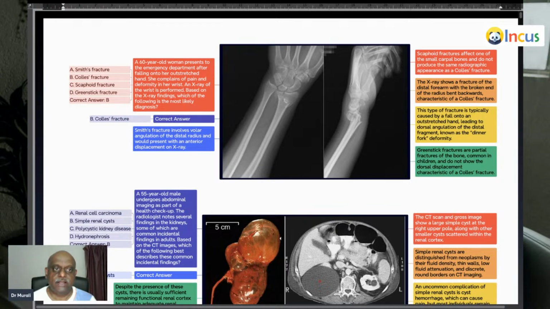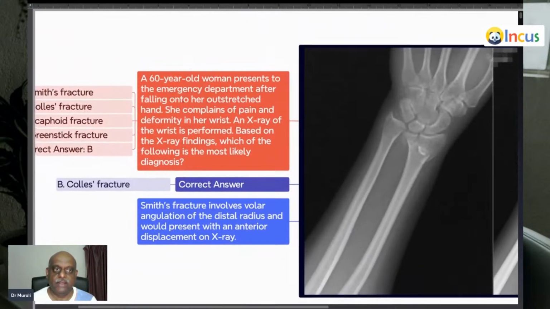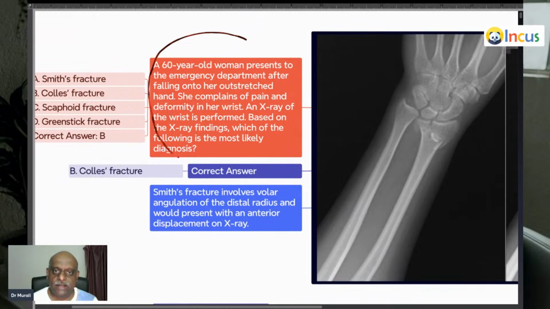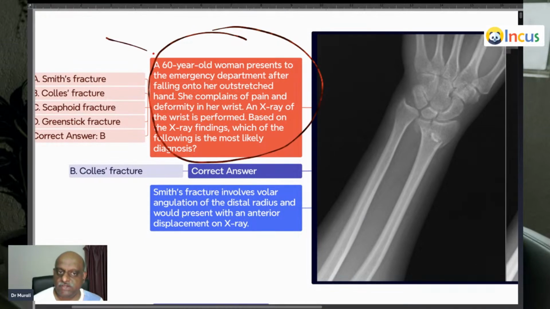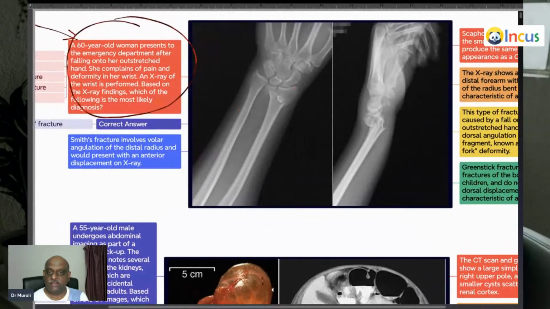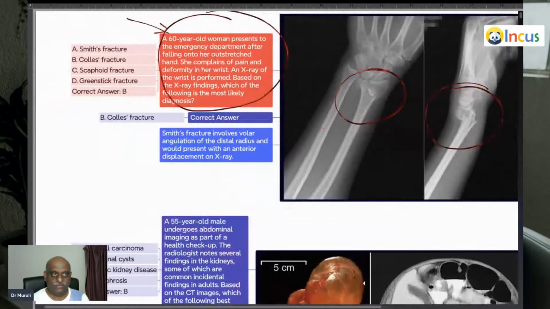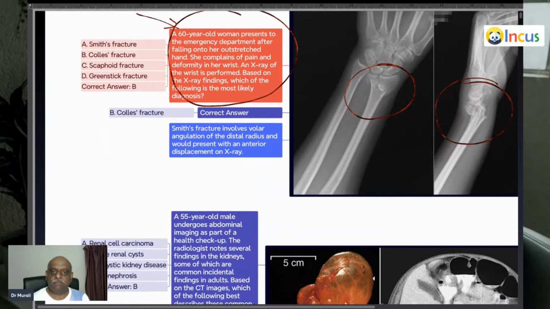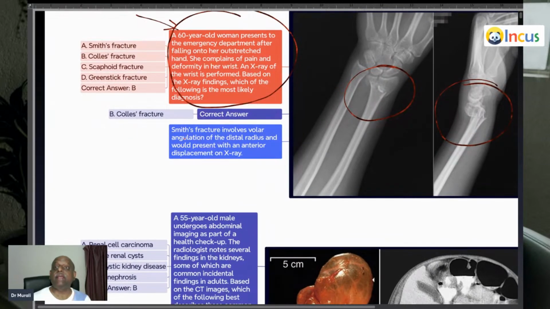Right. So let's start with the first question. A 60-year-old woman presents to the emergency after falling on her outstretched hand. She complains of pain and deformity in her hand. An X-ray is performed. So this is the X-ray. What do you see here, doctor? You see the fracture. So this is an example of a Colles fracture.